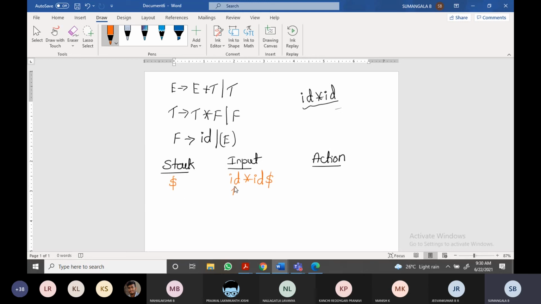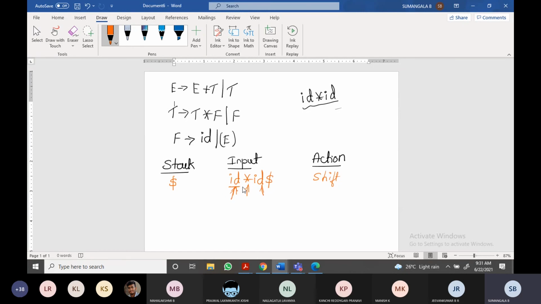That means when we can go for a reduction: when you observe the top of the stack. So the first thing you do is push this ID onto the stack. That means you perform the shift operation. What will you shift? You will shift this ID, because ID is one token, the star is another token, and the second ID is another token.